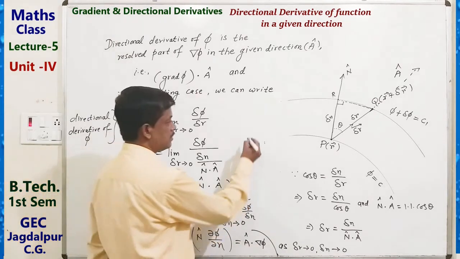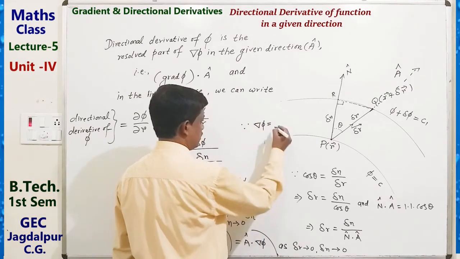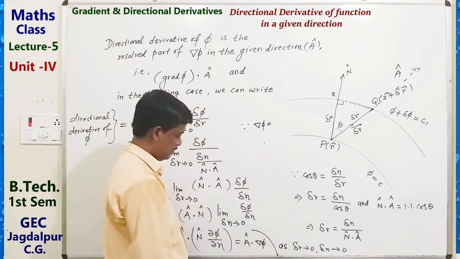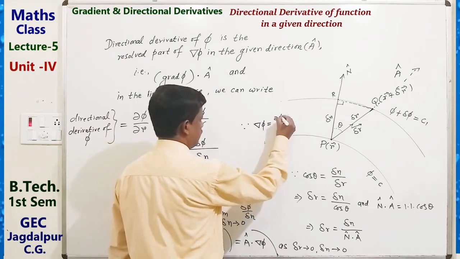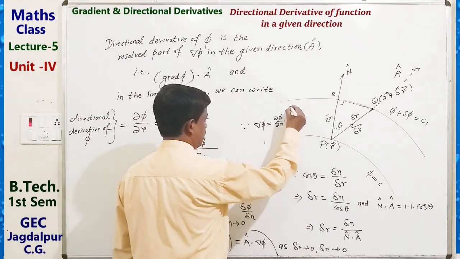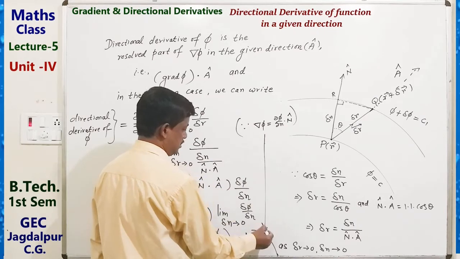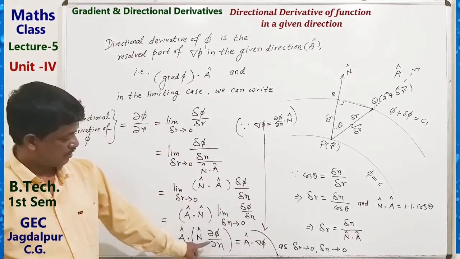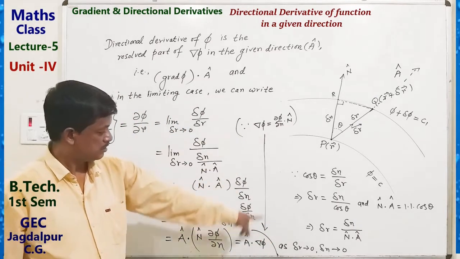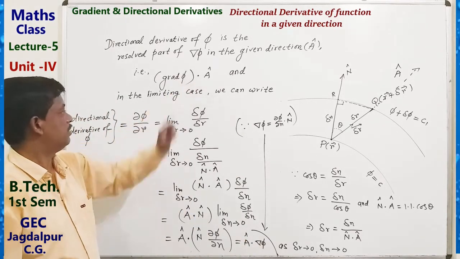Since del phi equals del phi by del n into n cap, this is the reason. Del phi by del n into n cap is del phi. So a cap dot del phi.